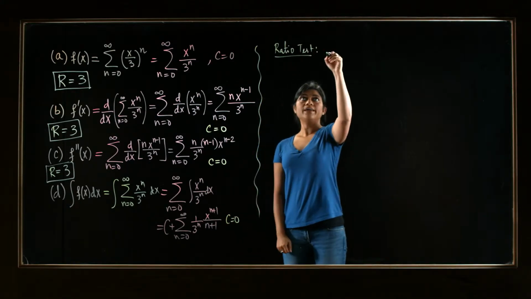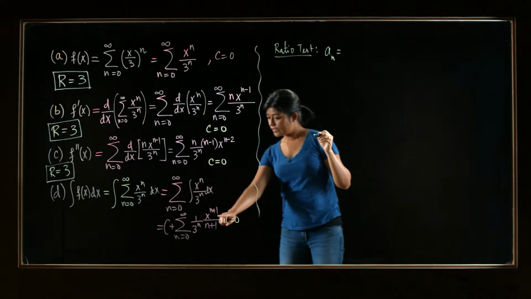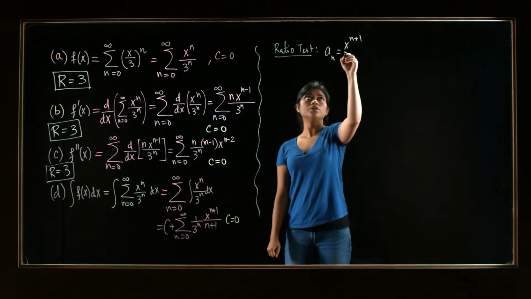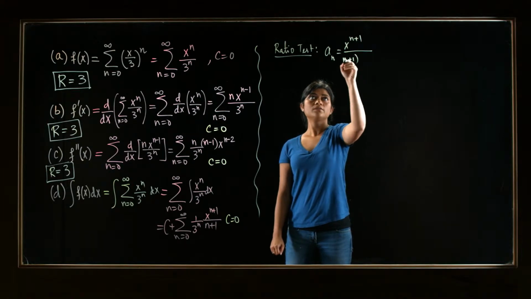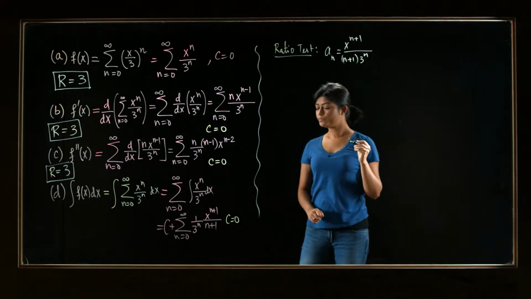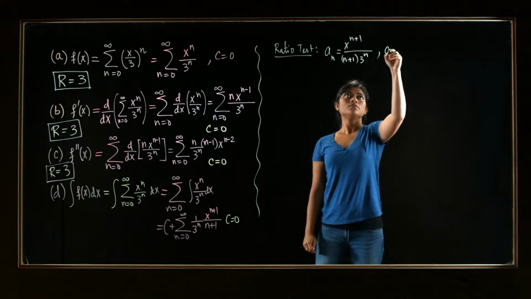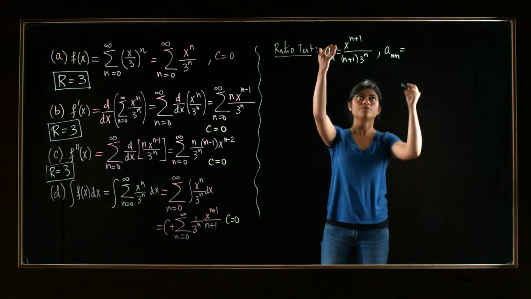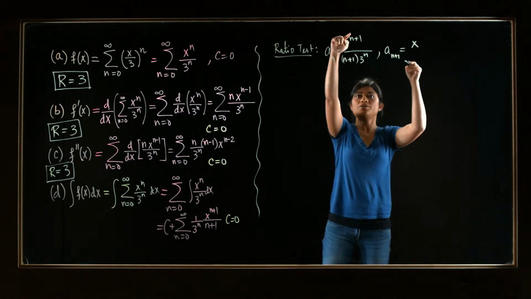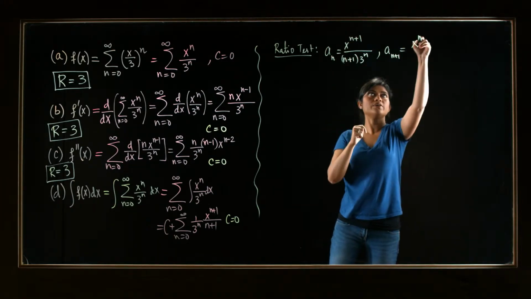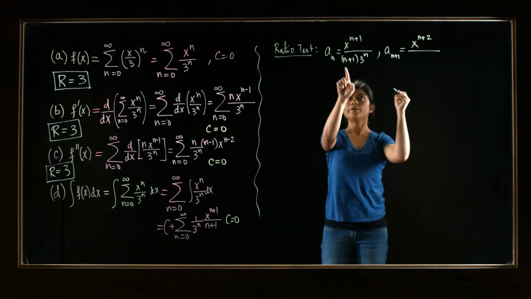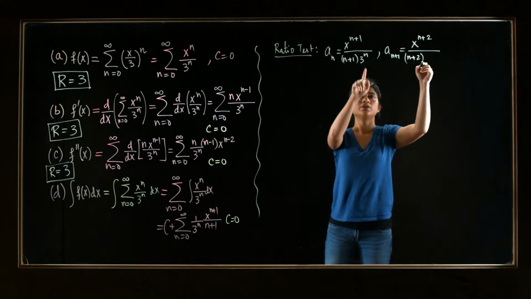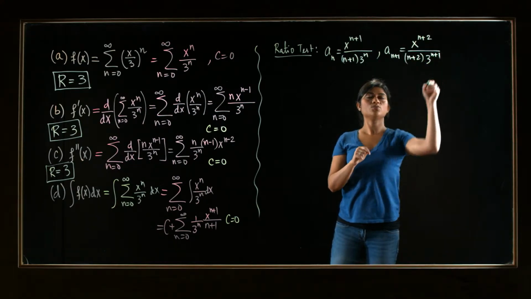Okay, so what is our a_n? It is x to the power n plus 1 over (n plus 1) times 3 to the n. And therefore, the next term, the n plus 1th term, will be, just plug in n plus 1 for n, x to the power n plus 2 in the numerator, and the denominator n plus 2 and 3 to the power n plus 1.